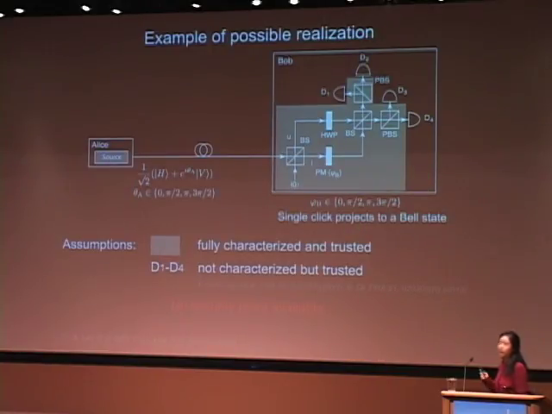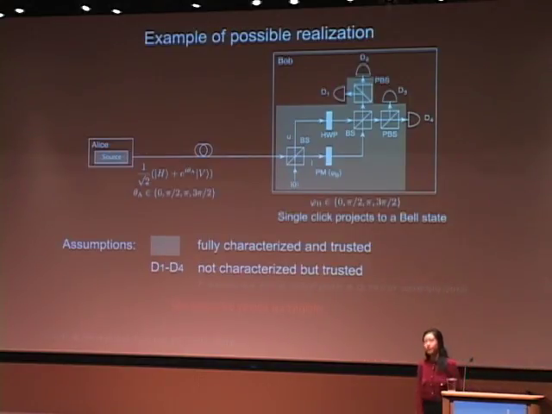That means every detector in this scheme corresponds to a Bell state. Over this whole scheme, we assume the gray areas in Bob and Alice are fully characterized and trusted. But we assume the 4 detectors, D1 to D4, are not characterized but trusted.